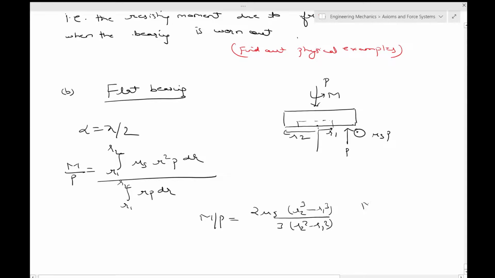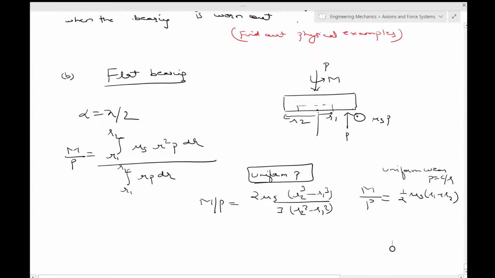So all the three cases: this is for uniform P. And M by P will be equal to 1 by 2 mu s into r1 plus r2. This is for the case P equal to C by R. Equation 5.